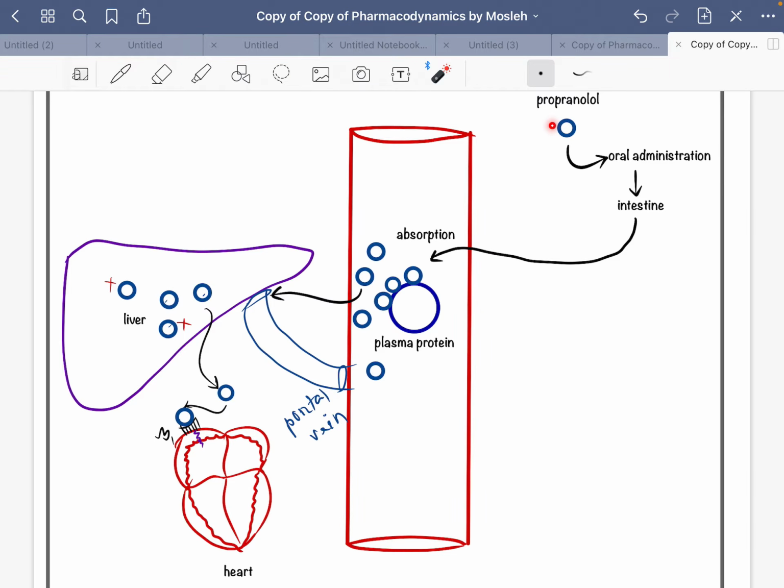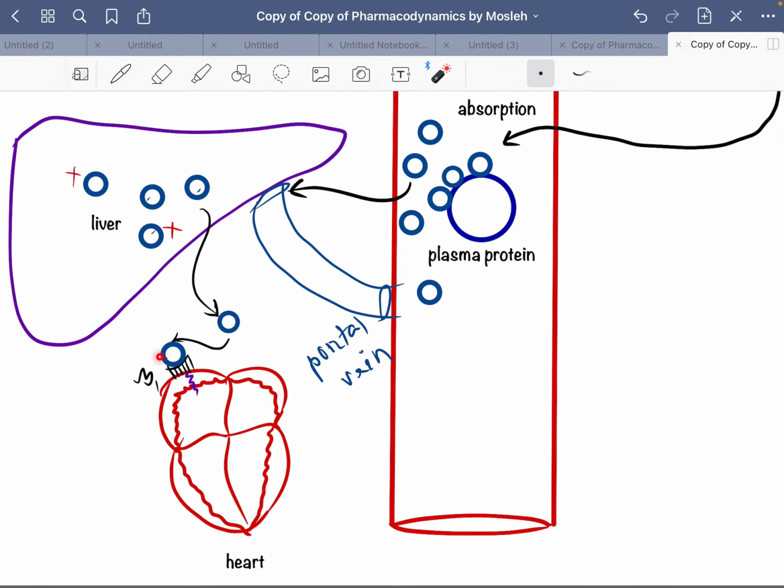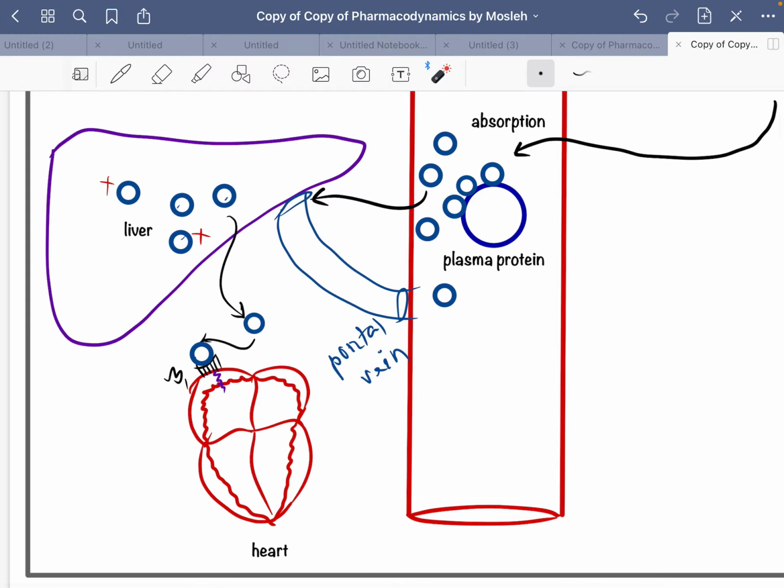From the site of administration, that means oral, from your mouth to just before the receptor, this journey is known as pharmacokinetics. Just after binding with the receptor, all of the events which occur are known as pharmacodynamics.